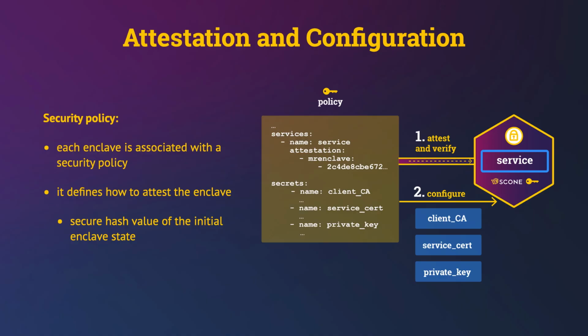So the attestation is guided by policies. Here is a very simple one on the slide. Each service is described by how it's attested. Like one can specify the MrEnclave, so the hash value of the initial state of the enclave. One can specify a few more things that are beyond this talk, and we can define certain secrets that should be emitted to that service after a successful attestation.